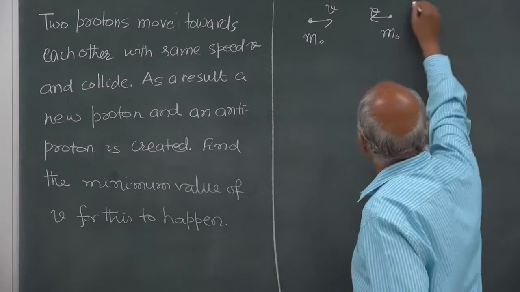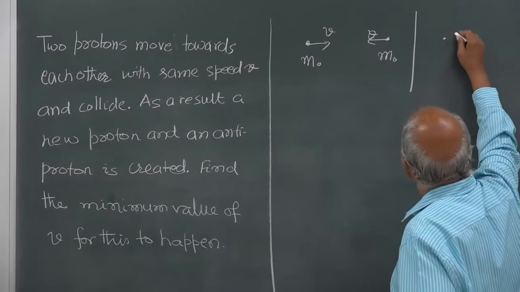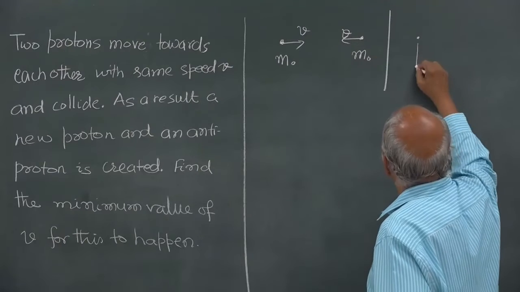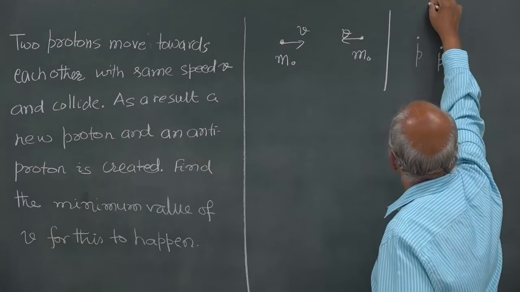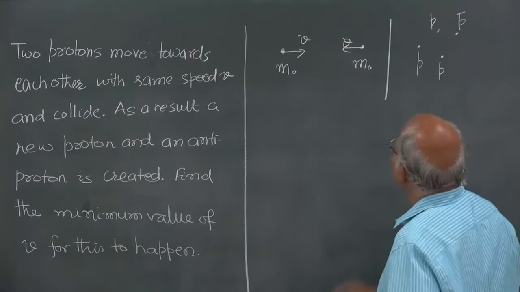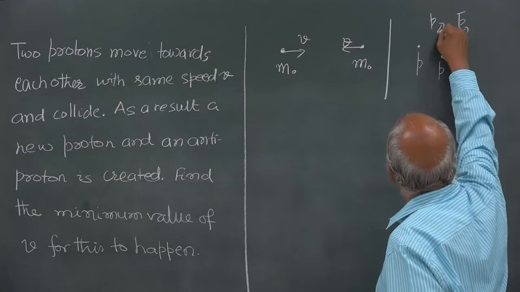So, because of this collision, this is before collision, and after collision you have 4 particles now. The two protons are there, and you have another proton, a new proton, and some antiproton. These 4 particles are there, they may be moving in some directions.